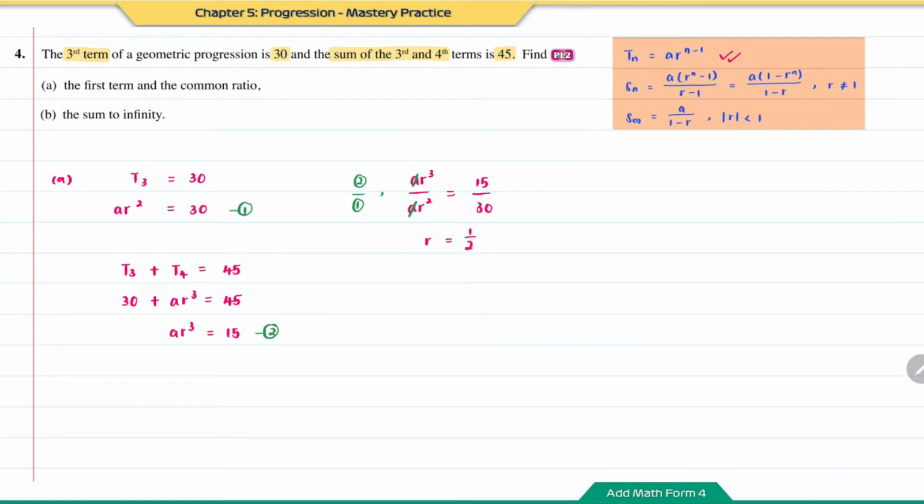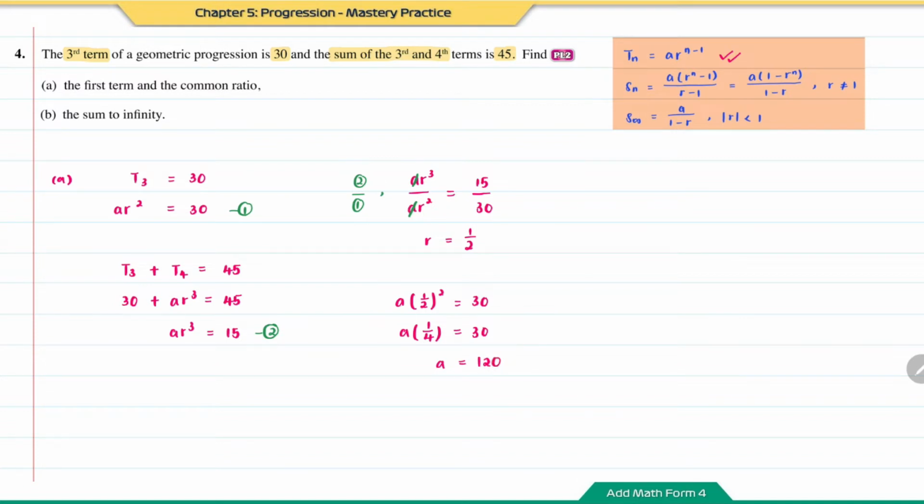So the common ratio R is equal to 1 over 2. To find the first term, which is the A, I'm going to substitute R equal to 1 over 2 into equation 1. Therefore, A times 1 over 2 squared equal to 30. So here you have 1 over 4. Then I move this 1 over 4 to the right hand side. So A equal to 30 times 4, which is equal to 120.